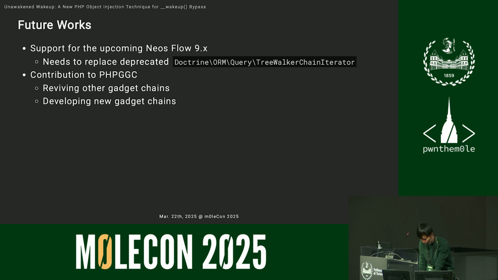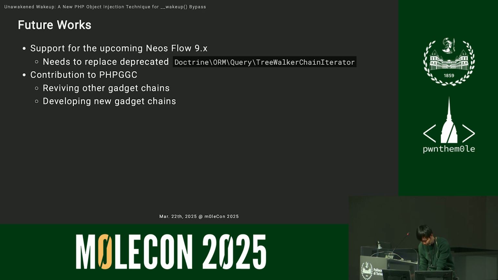As Nails Flow 9.x approaches its release, other AOI gadgets will likely be needed. So the version 8.3.13 is using the older version of Doctrine ORM. So the demo succeeded.